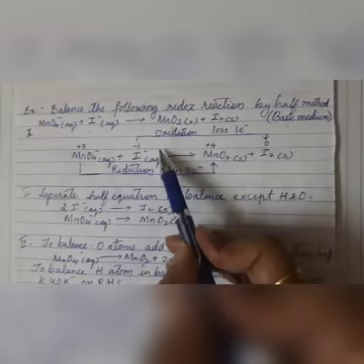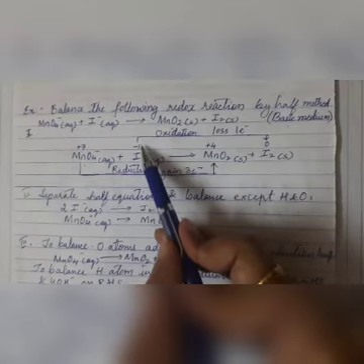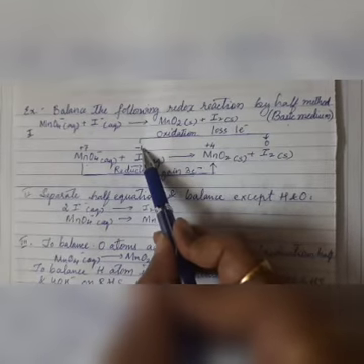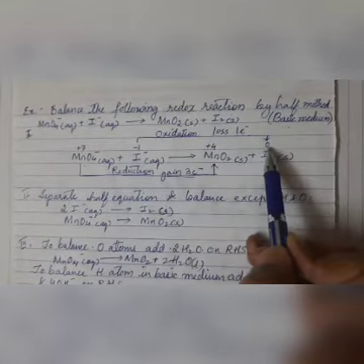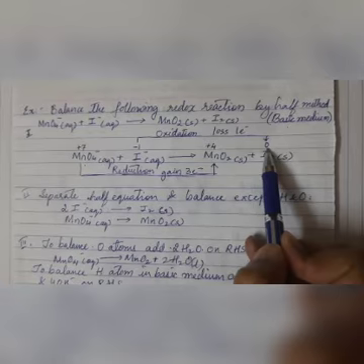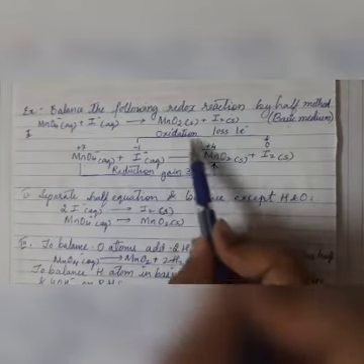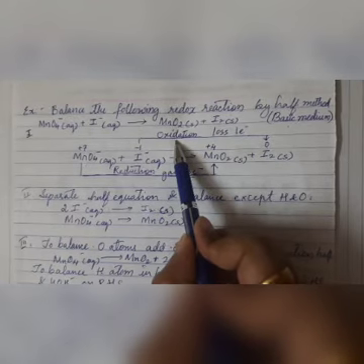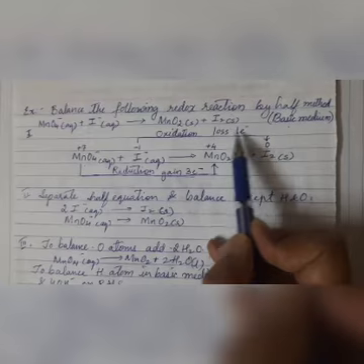Now let us take a look at the increase and decrease in the oxidation number. -1 has increased to 0. So this is obtained by loss of an electron. Therefore increasing the oxidation number is oxidation. So loss of 1 electron.